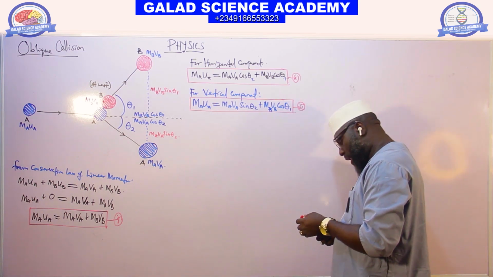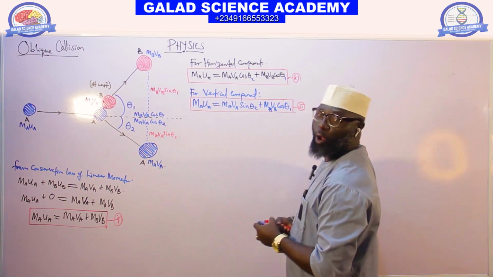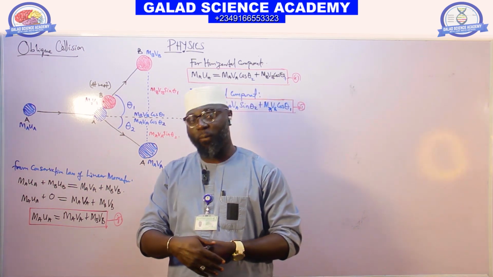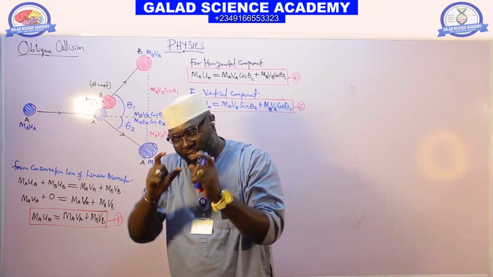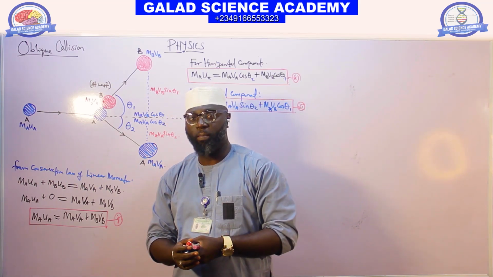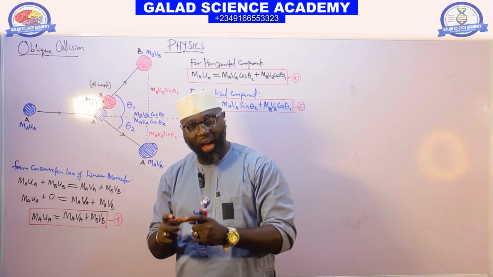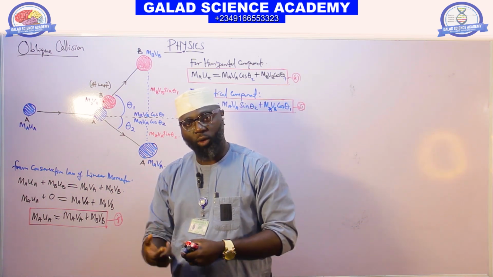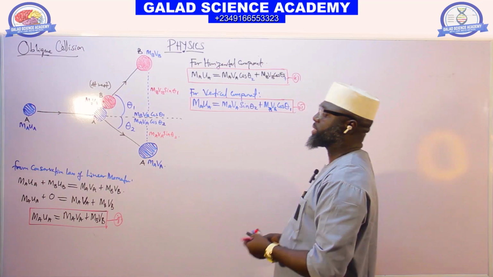Yes. You can now see something here. If you observe, these snooker balls are balls of the same size and the same weight, mass. Snooker balls have the same size and the same mass.